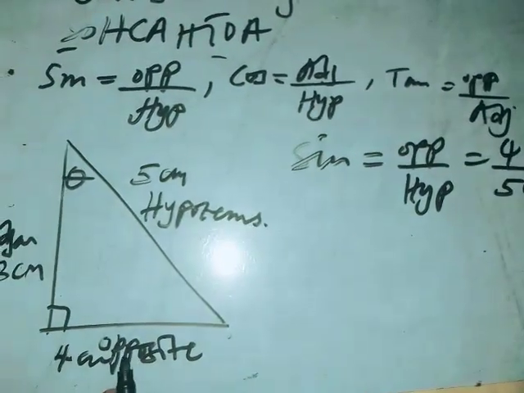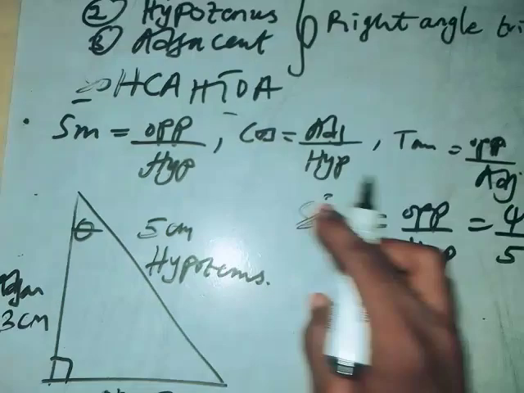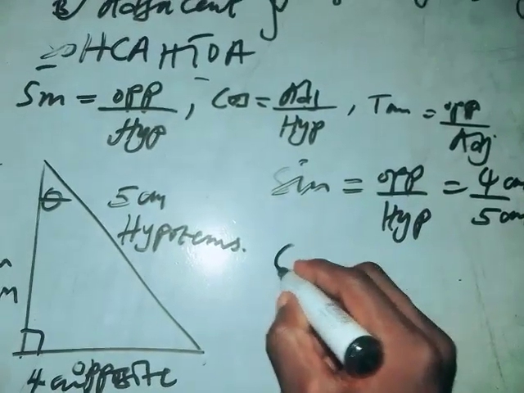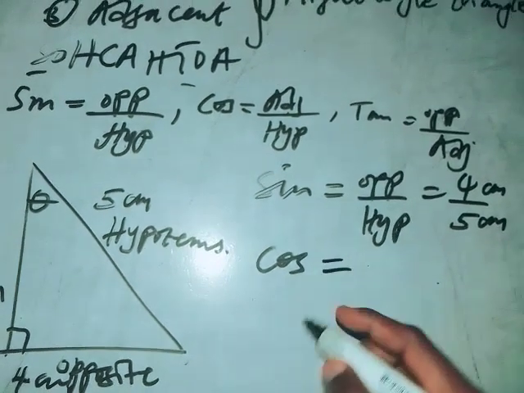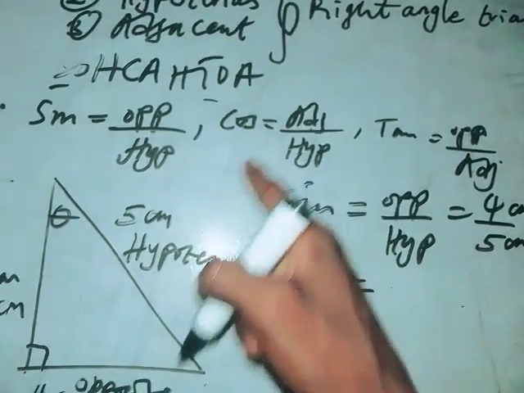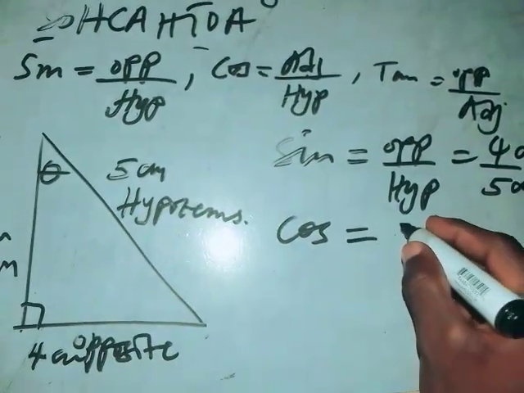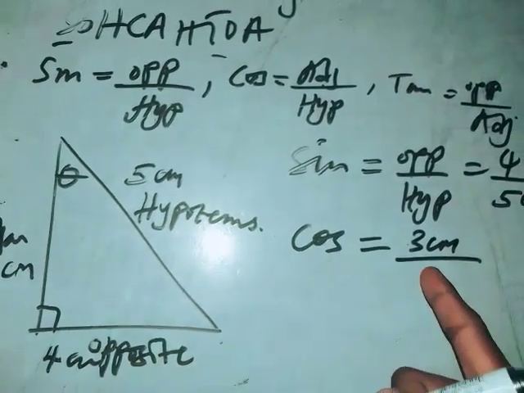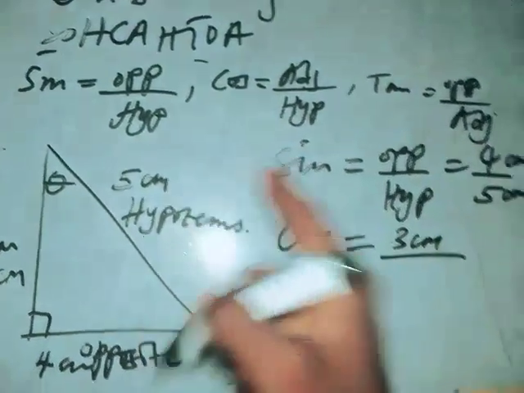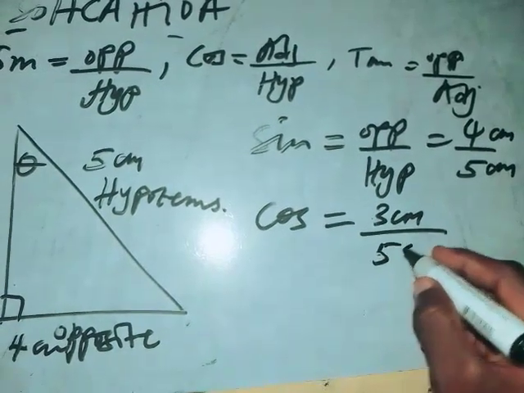So we have another one here, which is cos. Cos is equal to adjacent, which is 3 centimeters, all over the hypotenuse, which is 5 centimeters.